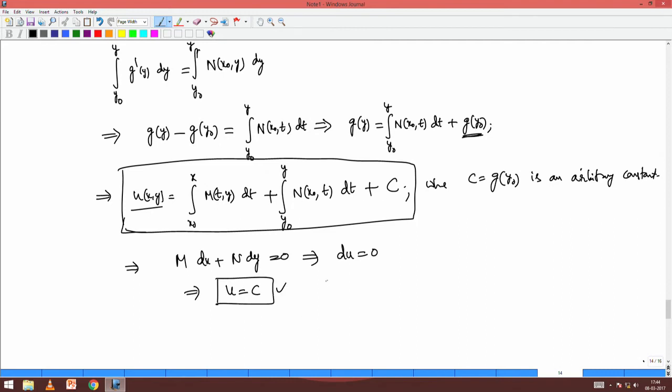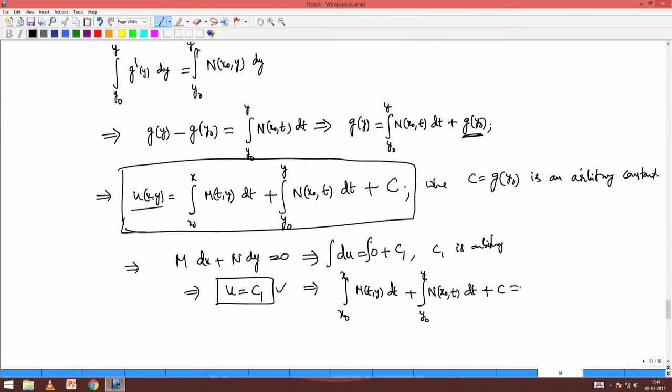U is here. That implies integral x naught to x m t y dt plus integral y naught to y n at x naught t dt plus c equal to, so let us say this is another arbitrary constant. When you integrate both sides, what you have is an arbitrary constant c1, where c1 is arbitrary.